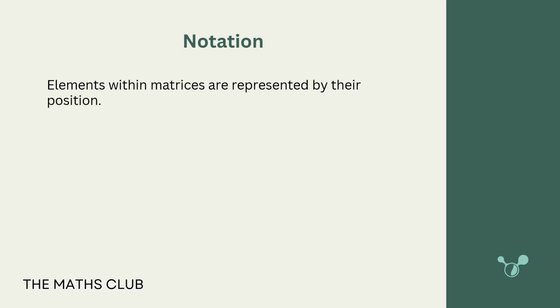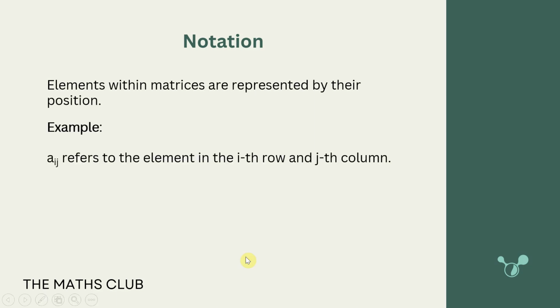How do we denote matrices? Elements within matrices are represented by their position. An example is Aij, which refers to the element in the ith row and the jth column. Some of these things are really theory, but when we see examples we will understand better. Let's look at this. You agree that this is column 1, column 2, column 3, row 1, row 2.